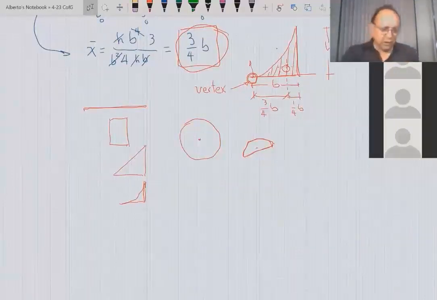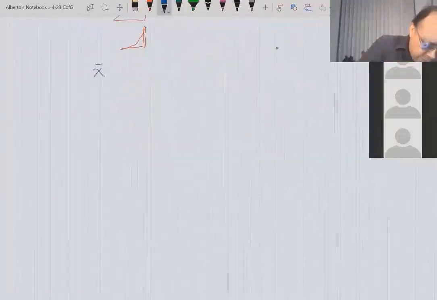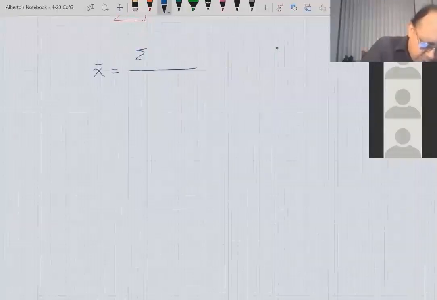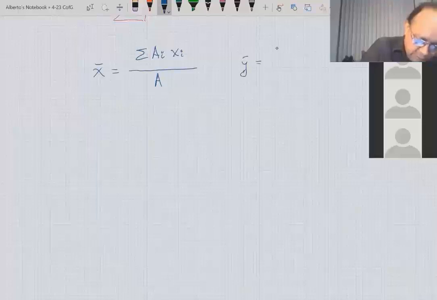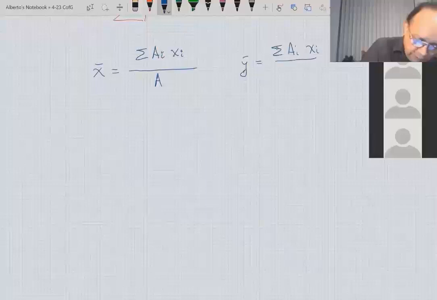Then we will use this equation: the centroid of a composed figure of a finite number of areas is equal to the summation of each one of the areas multiplied by the corresponding centroid, divided by the total area, right? And the same thing for y: y bar equals summation of ai yi over A.